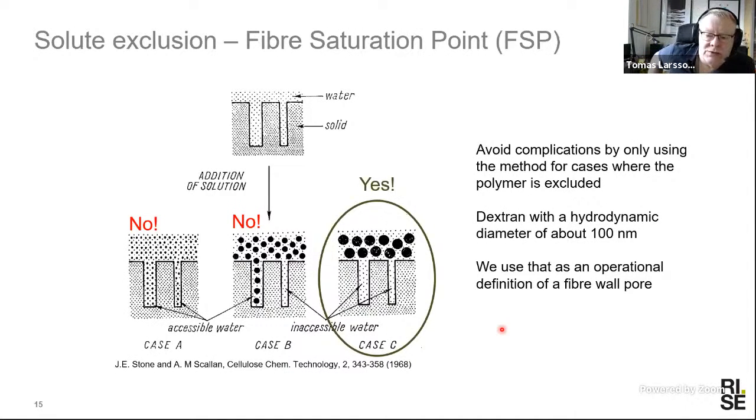But what it gives us are essentially two things. It gives us a measure of the liquid trapped in the fiber wall, and it also establishes an operational definition. The dextran we use is basically the operational definition of what we mean by fiber wall pore. So basically everything below 100 nanometer, or about 100 nanometers, is considered to be a fiber wall pore, if you wish.